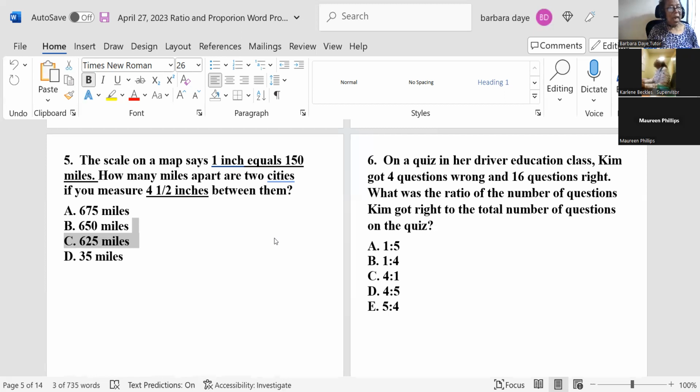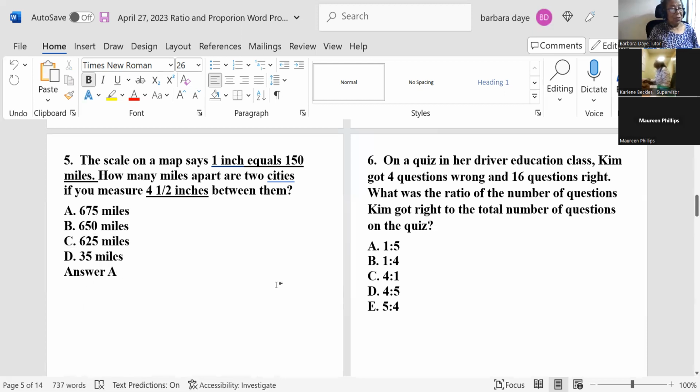That 4.5 inches equates to how many miles based on 1 inch equaling 150 miles. I get 675. That's it. Very good, Maureen. Answer A.